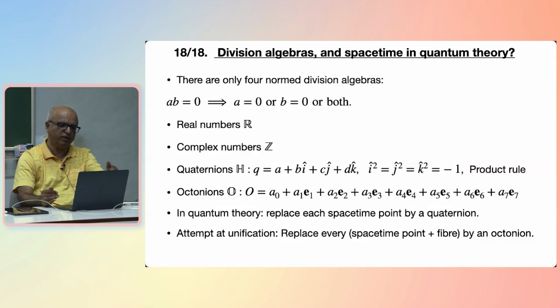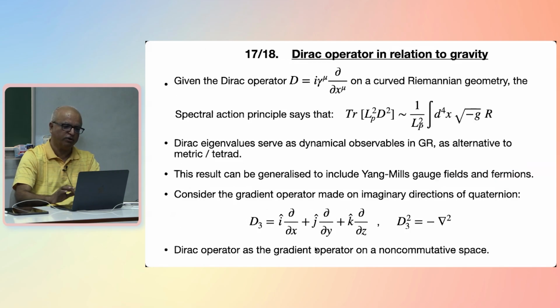So, I thought I'll mention it to you. If you have some idea now of a quaternion, I can come back here. Take the 3 imaginary directions of a quaternion, i hat, j hat, k hat, and on space make this kind of gradient operator.